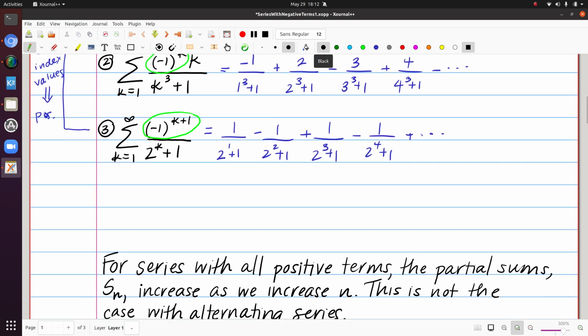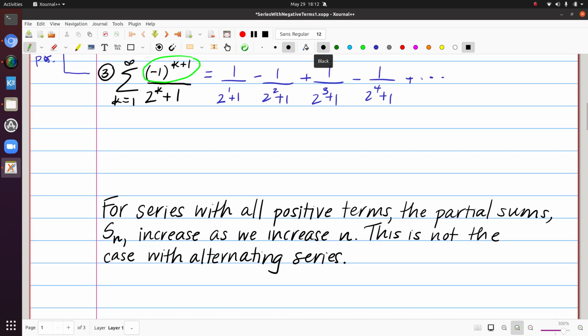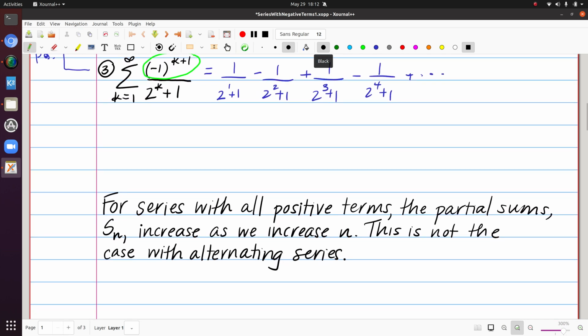Okay, so to start to think about the behavior of alternating series, let's for a moment think back to all positive terms. So if I have a series with all positive terms, then the partial sums would of course be positive, but also increasing in n.